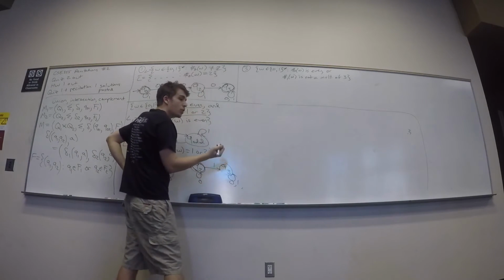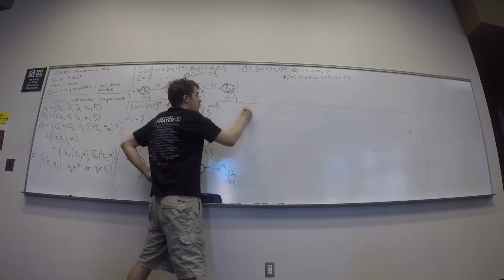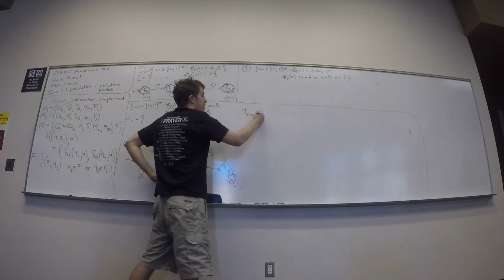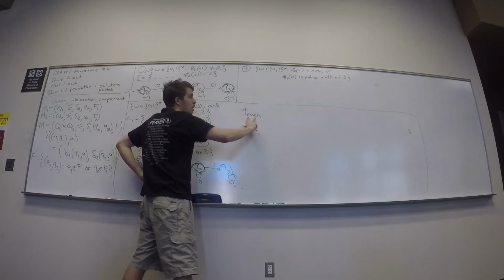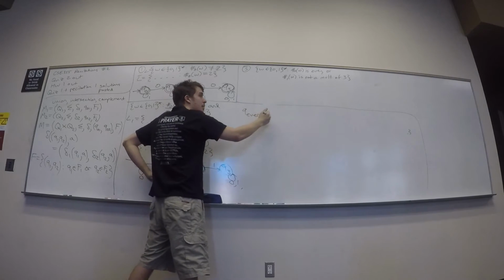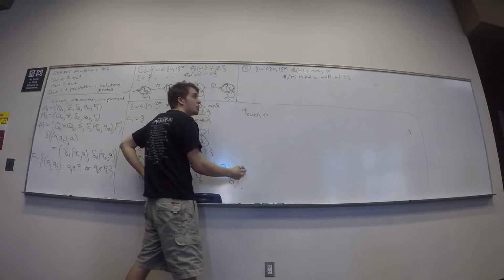The way I usually write these to make it easier for me is with 2 subscripts. The first one comes from the first machine, and the second comes from the second machine.